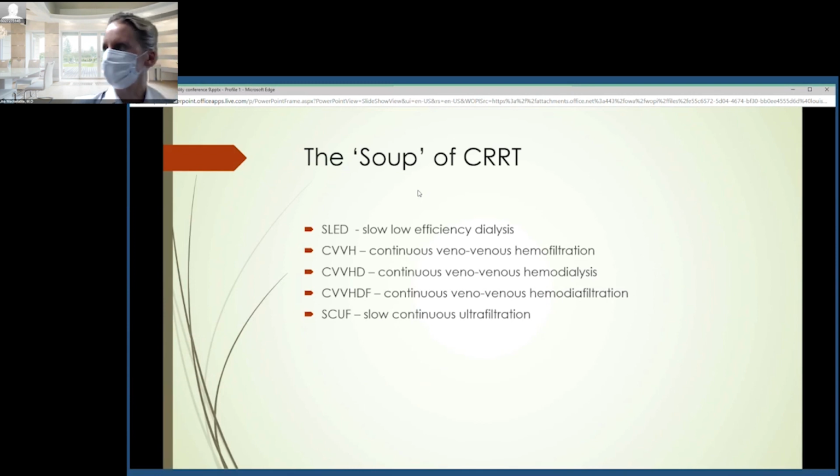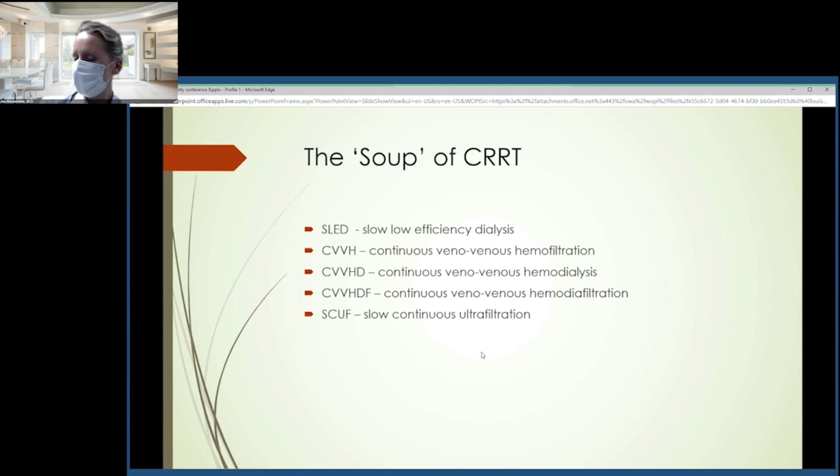Then there's CVVH, which is continuous venous hemofiltration, and I'll show the picture and then that'll explain it a little bit better. And there's CVVHD, continuous venous hemodialysis, CVVHDF, continuous venous hemodiafiltration, and then there's SCUF, slow continuous ultrafiltration.